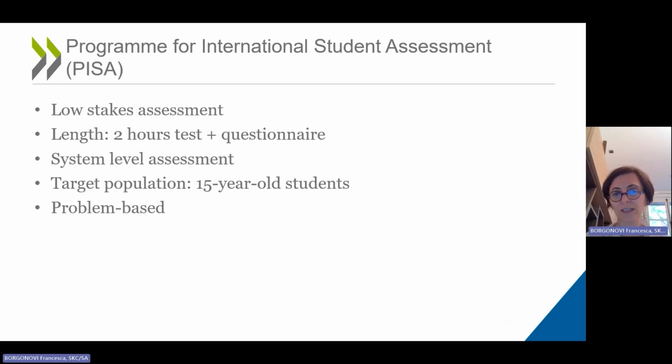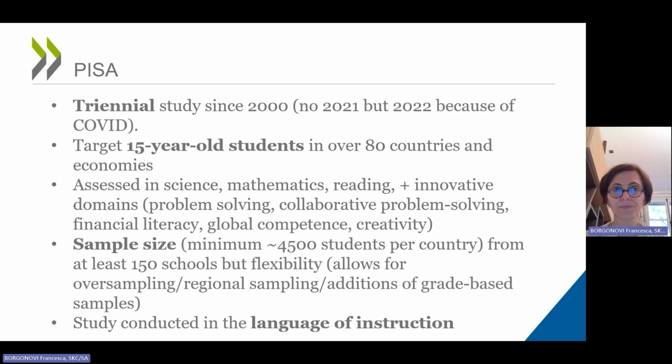The target population is 15-year-olds. In fact, it's students between the age of 15 years and 3 months and 16 years and 2 months at the time of the assessment window, and who attend at least lower secondary school, and it's problem-based.